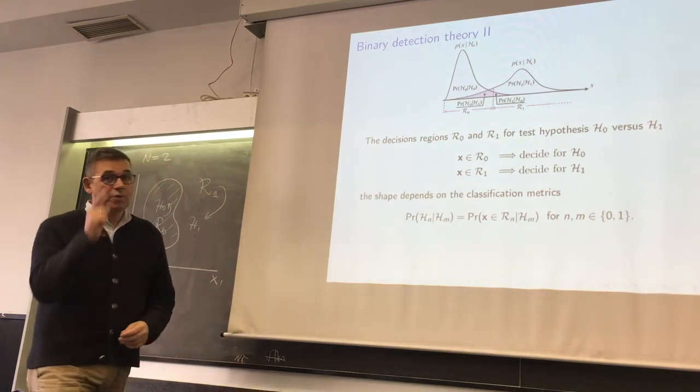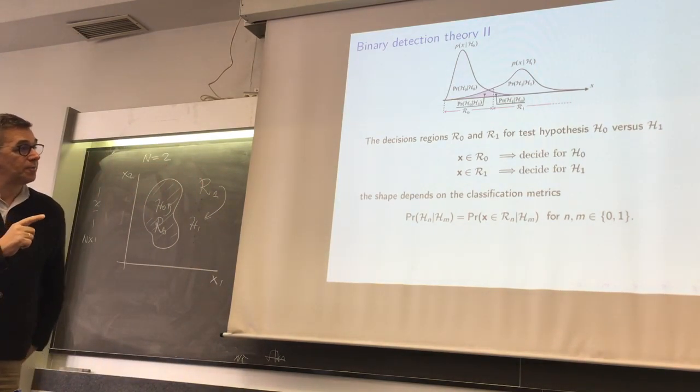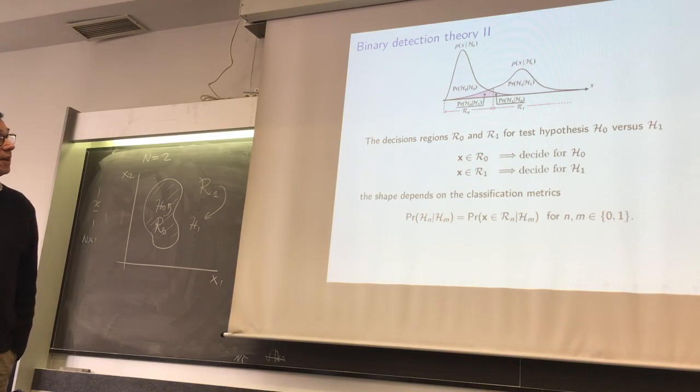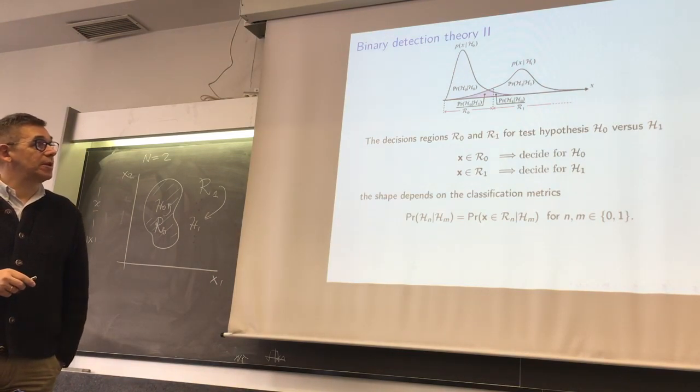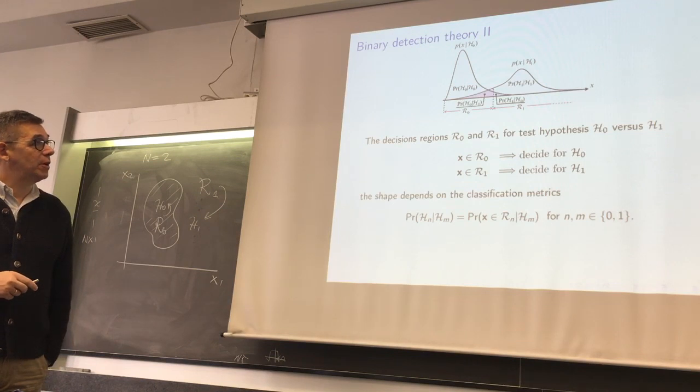So, if I have one dimension, then I can decide, like here, the decision region R1 and the decision region R2, and this is scalar. So I can decide that the region is here, and then I can calculate analytically the probability of missing, the probability of detection, and the probability of false alarm.